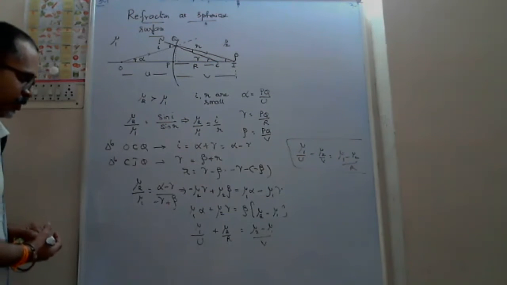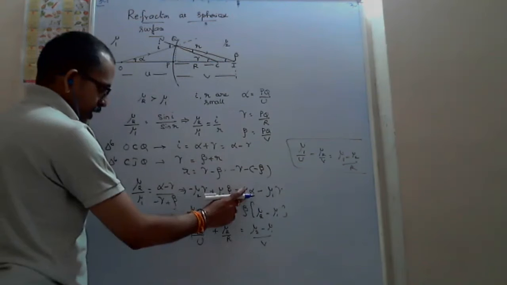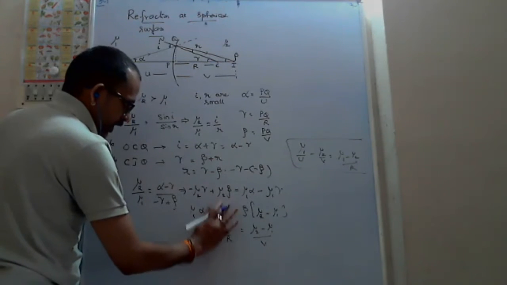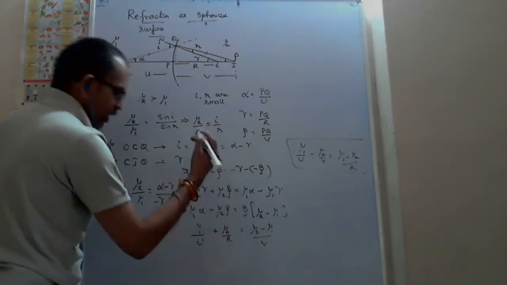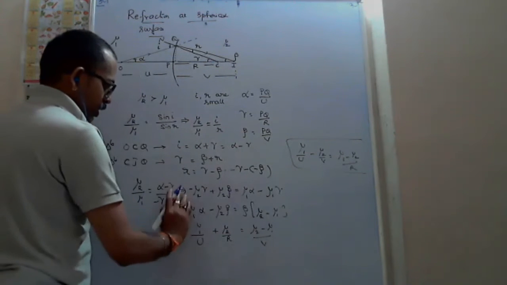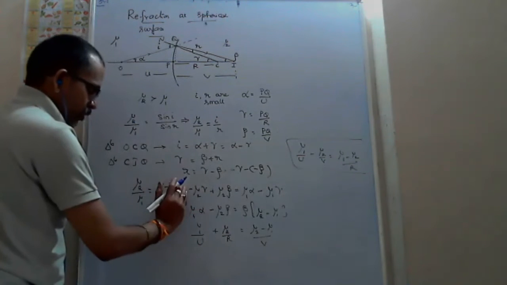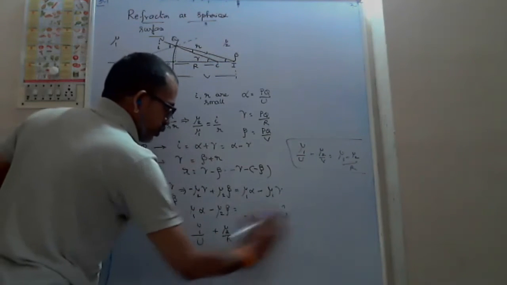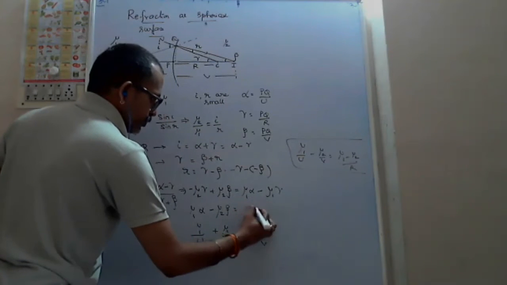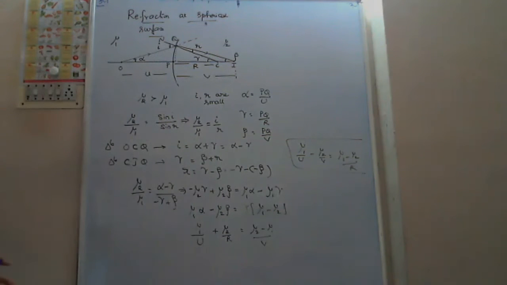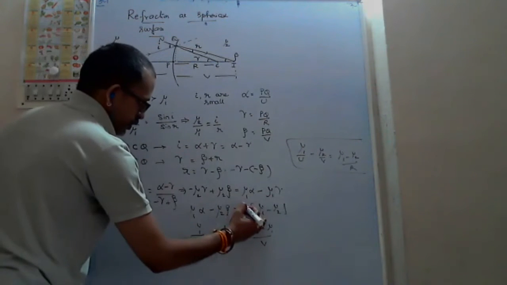Okay, Nana? Yes sir. Then mu1 alpha minus mu2 beta, now we are getting minus mu2 beta equals, taking mu1 minus mu2 into gamma. Is it correct, Nana? Yes sir.